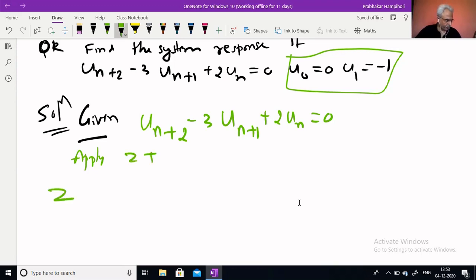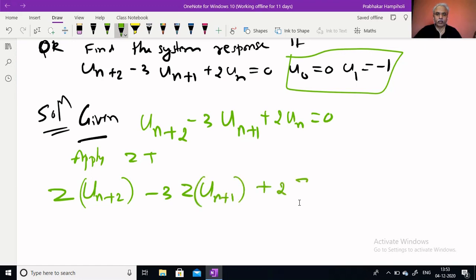Z transform of un plus 2 minus 3 times Z transform of un plus 1 plus 2 times Z transform of un equal to Z transform of 0, which is 0.